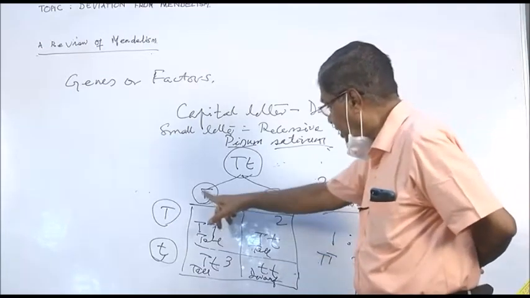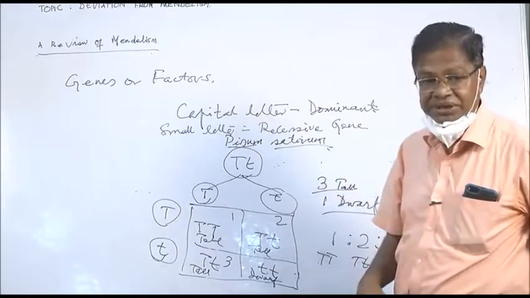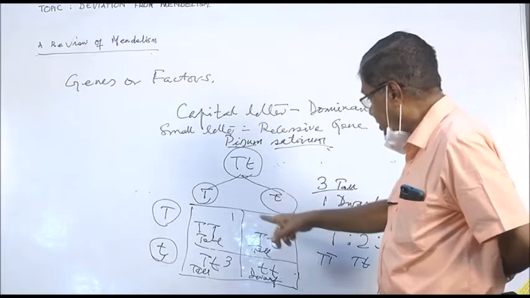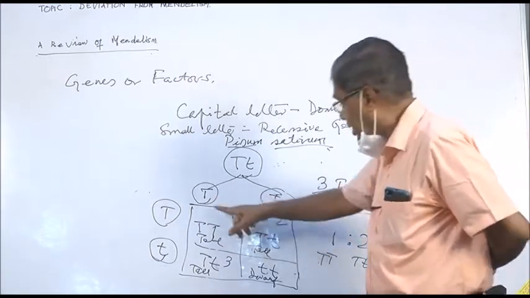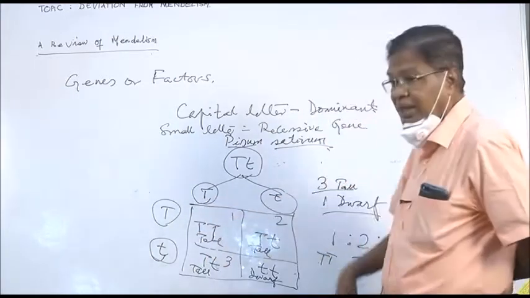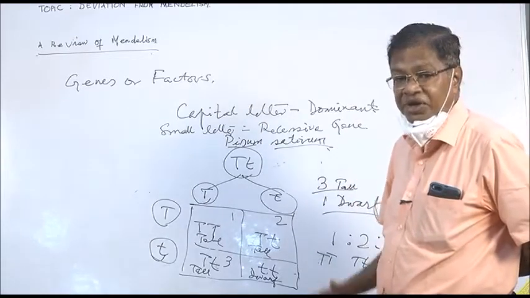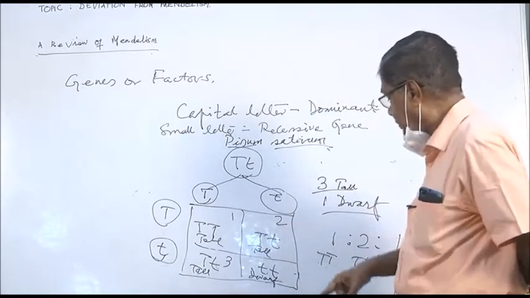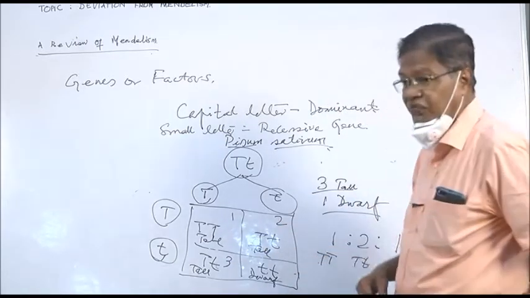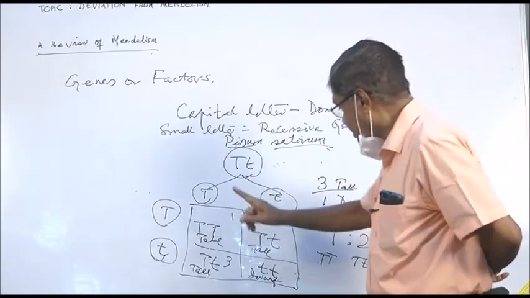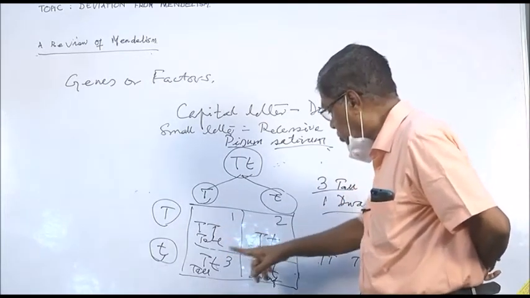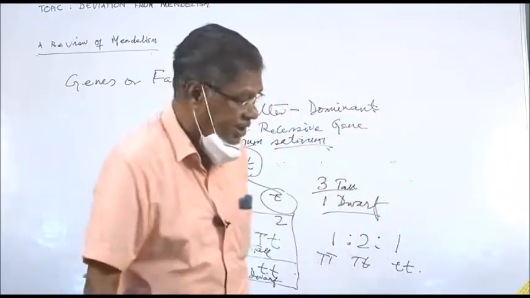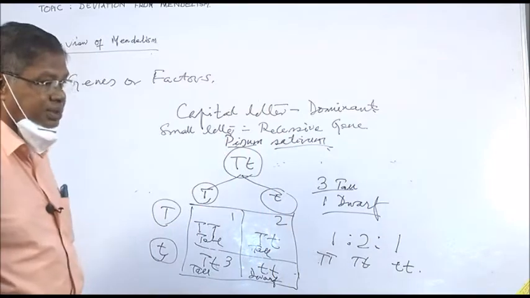Then when the F1 generation goes to the F2 generation, capital T and small t come together, and we find a phenotypic ratio of 3:1, that is 3 tall and 1 dwarf, and the genotypic ratio is 1 pure tall, 2 hybrid tall, and 1 pure dwarf. Now we will discuss the deviation.